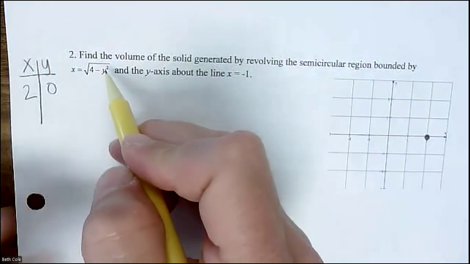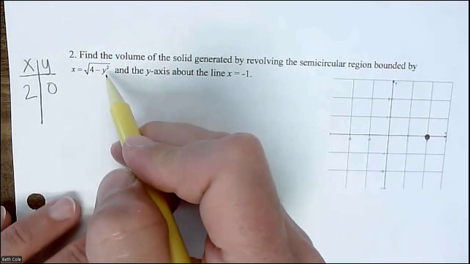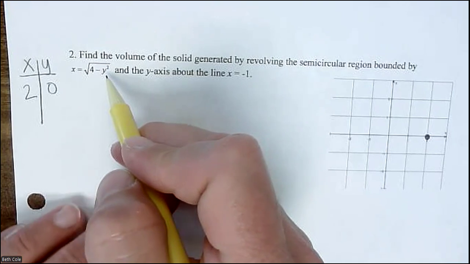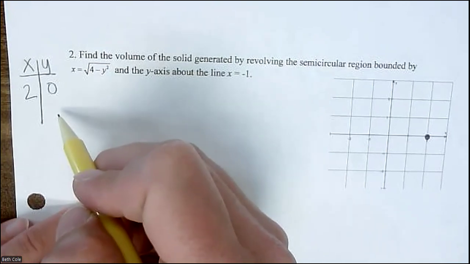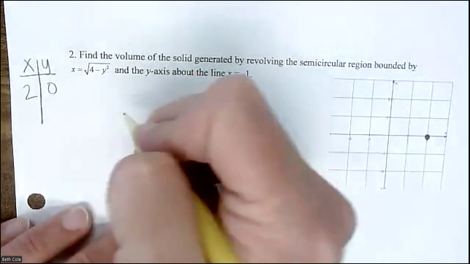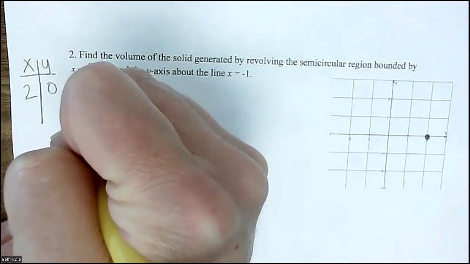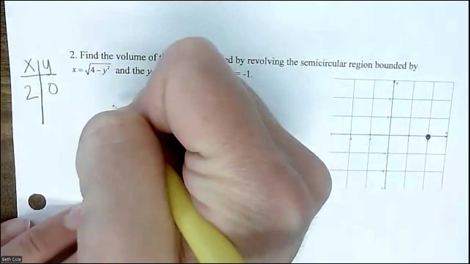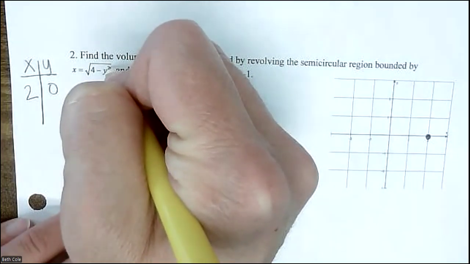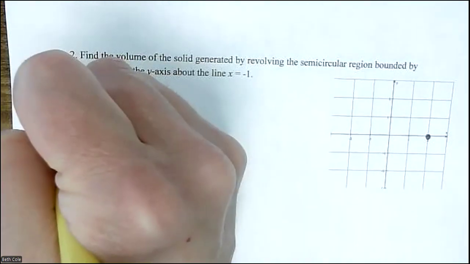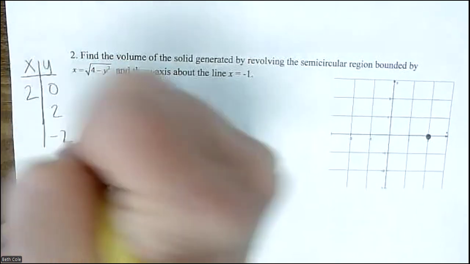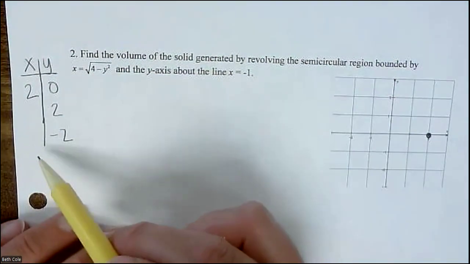All right, I don't want to plug in 1. That would give me square root of 3, which without a calculator, I don't know what that is. So what could I plug in instead? Yeah, actually 3 wouldn't be a bad idea. Oh no, because you have to square it. So then you'd get a square root of a negative. Let's do 2 and negative 2. They're both going to give the same thing.